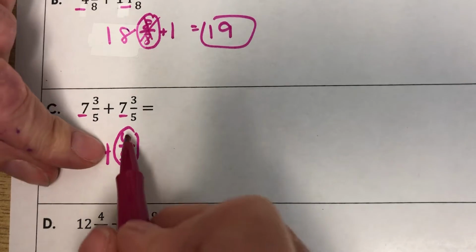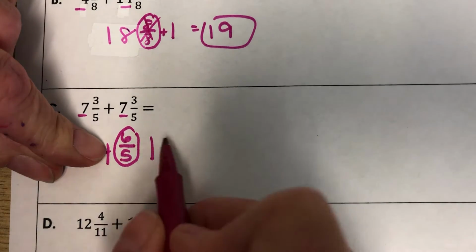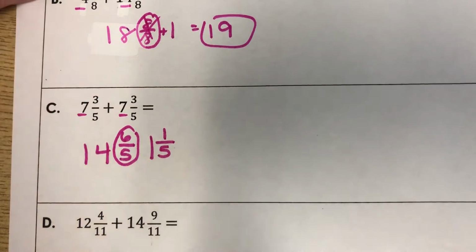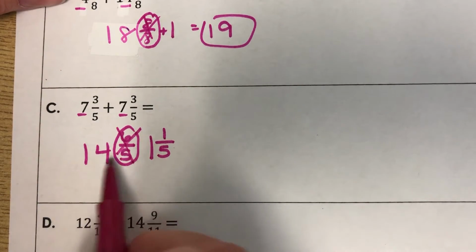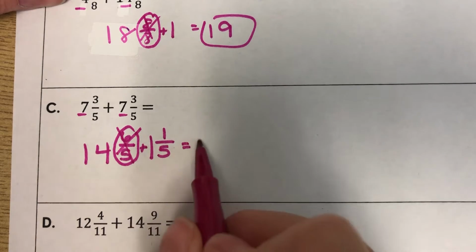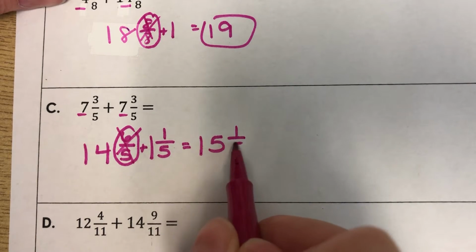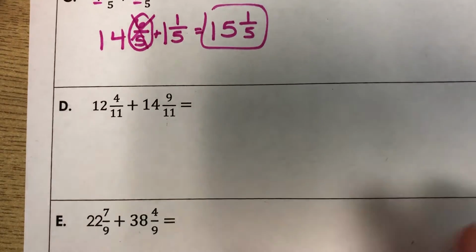So remember, I can fit one group of 5/5 into 6/5, so that's my whole number. And there's one left over out of 5. That was our previous lesson that we did. So instead of 6/5, I have 14, plus I have another 1 1/5. 14 and 1 makes 15. So now I would have 15 and 1/5. All right, we're cruising along.